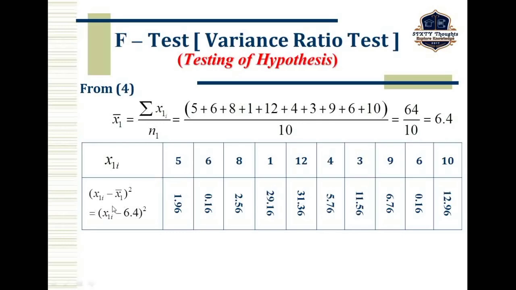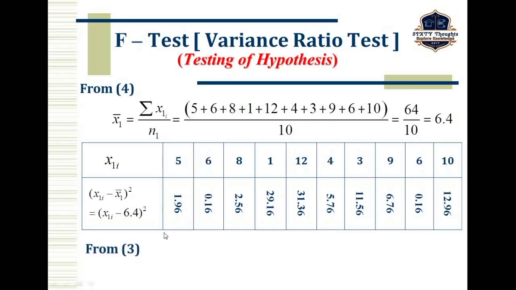Wherever x1 is 5, 6, 8 and so on, we substitute. If x1 equals 5, 5 minus 6.4 gives minus 1.4, and taking the square we get 1.96. Similarly, for x equal to 6, 6 minus 6.4 gives minus 0.4, and taking the square gives 0.16. In the same way we get the remaining values. After that, we find s1 square.